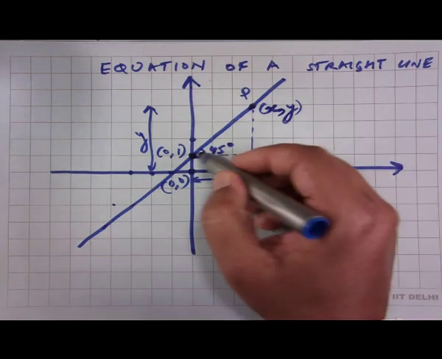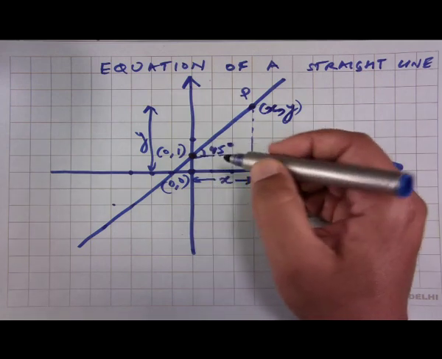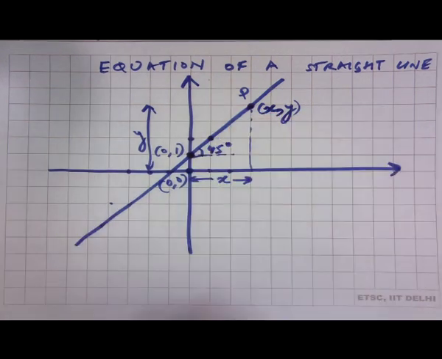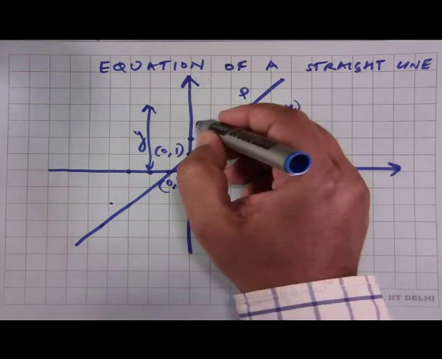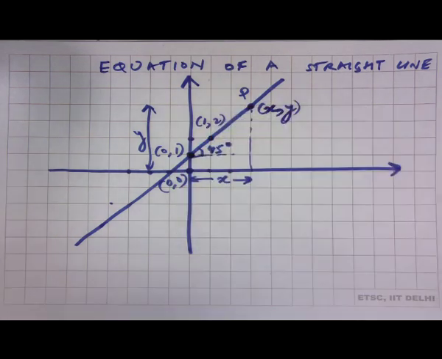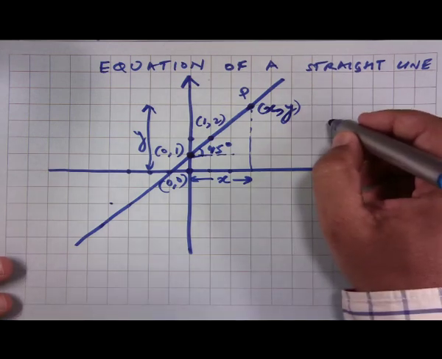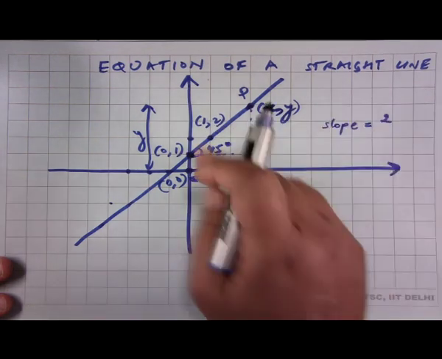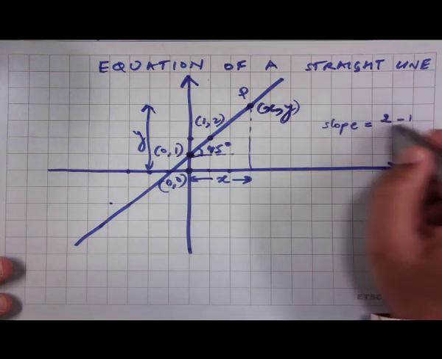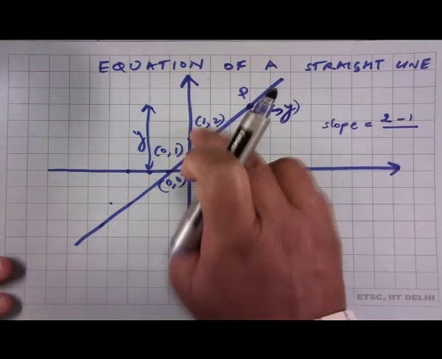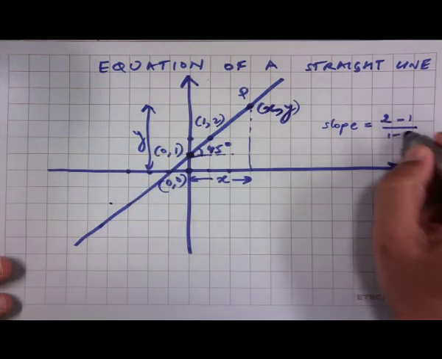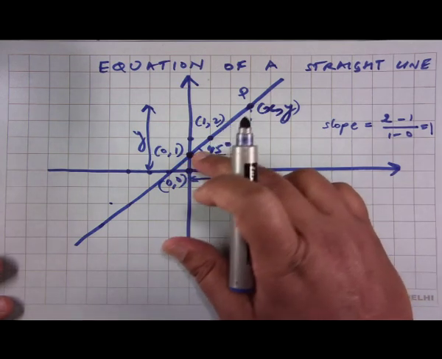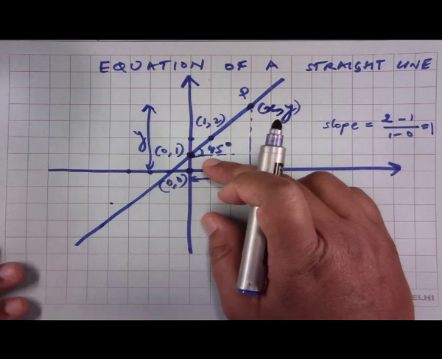That is because the slope of this line is 1, and that is very easy to see, because this straight line also passes through this other point here, whose coordinates are (x2, y2), and therefore, the slope of the line is (y2 minus y1) divided by (x2 minus x1), which is 1. The slope equal to 1 means that the angle between this straight line and the horizontal axis is 45°.